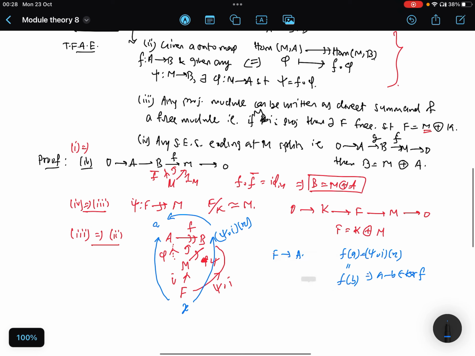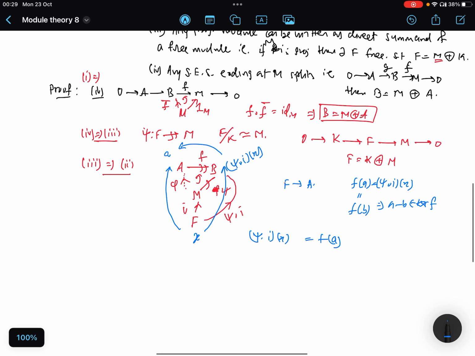So we have psi I of x is basically f of a. Okay, so now what we can do is, or maybe we can make it slightly different.